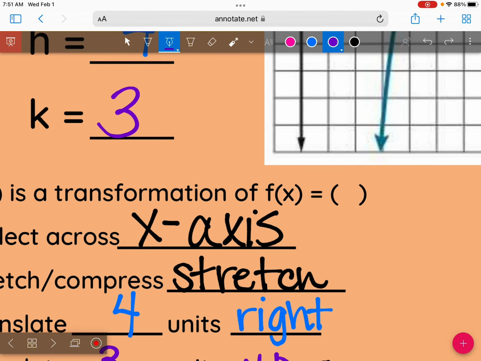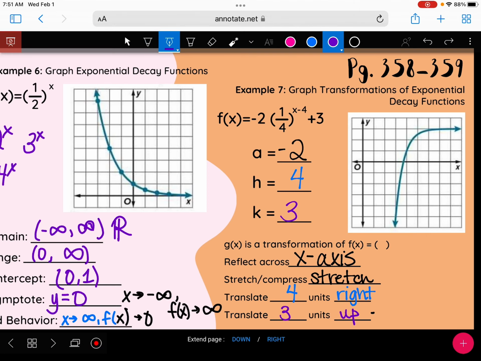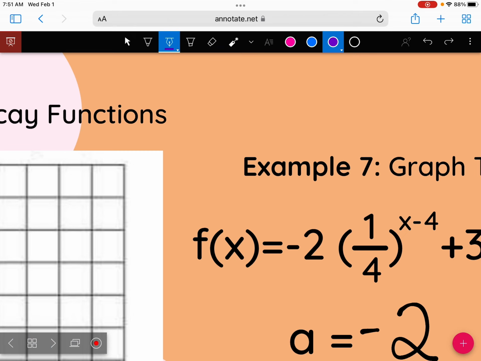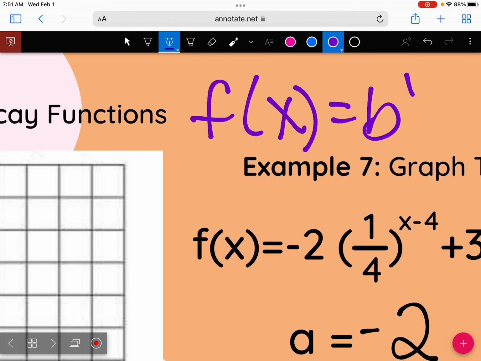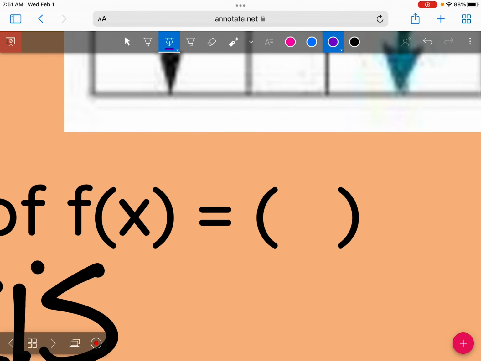Let's say f of x is a transformation. So this function is a transformation of what would our parent function be? If you remember, parent function is always f of x equals b to the x. What's our b value in this equation?